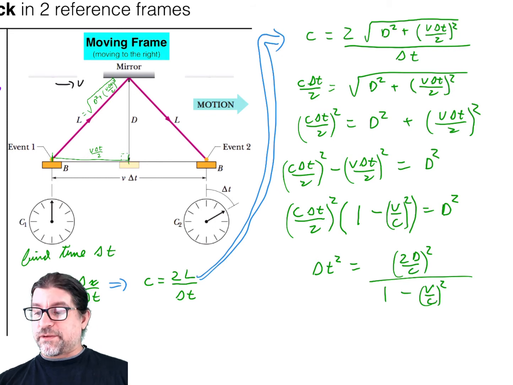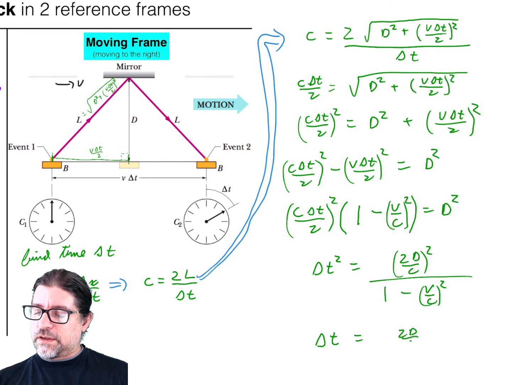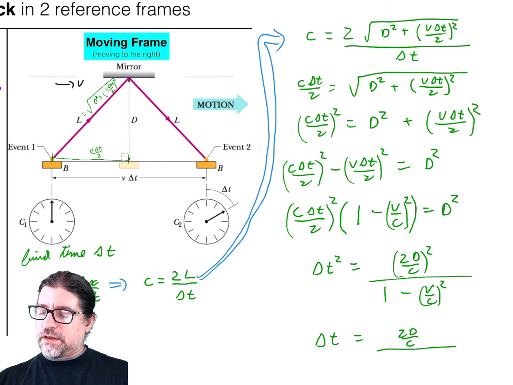Now let's take the square root of both sides, and I end up with delta t equal to 2d over c, all over the square root of 1 minus (v over c) squared.